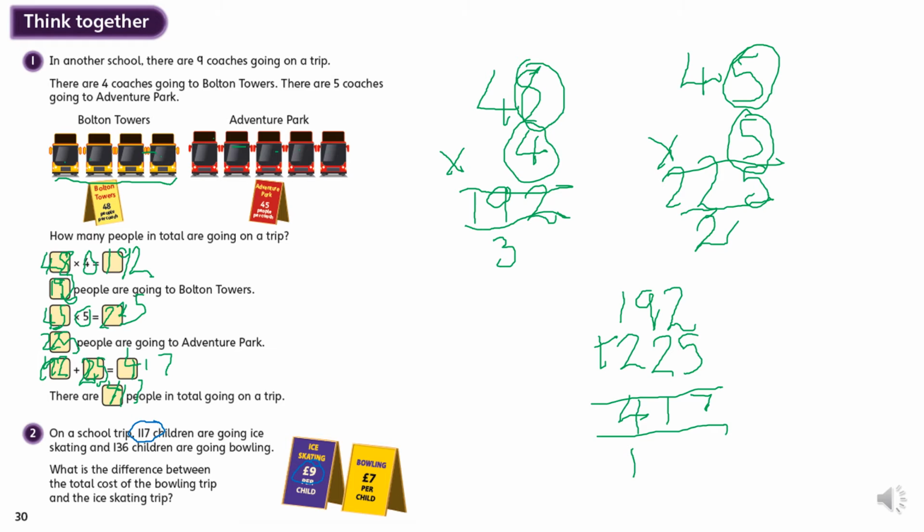So my first sum is 117 multiplied by 9, so times 9. And again, I start at my ones. 9 times 7 is 63. So I put my 6 underneath in my tens column, and my 3 goes in my ones column. 9 multiplied by 10 is 90. 90 add 60 is 150.